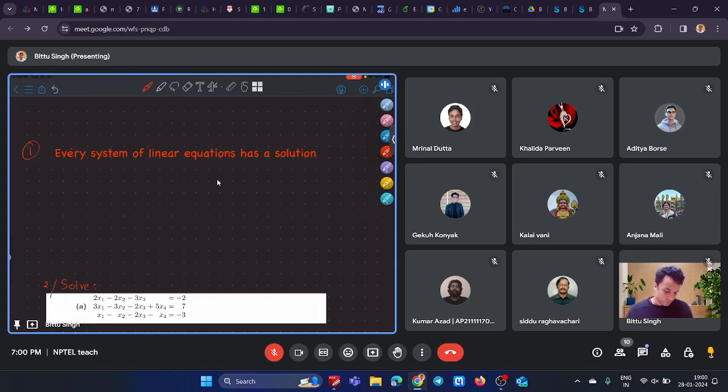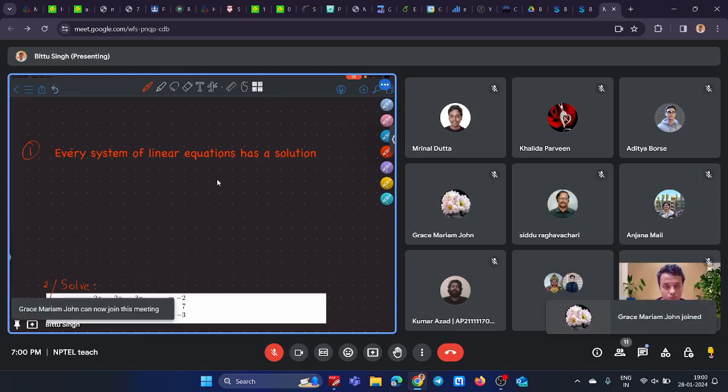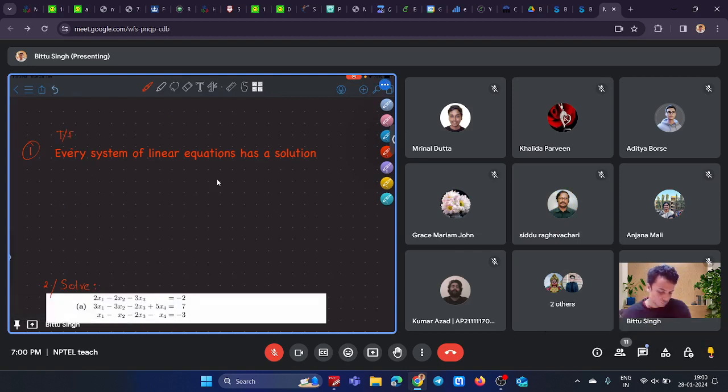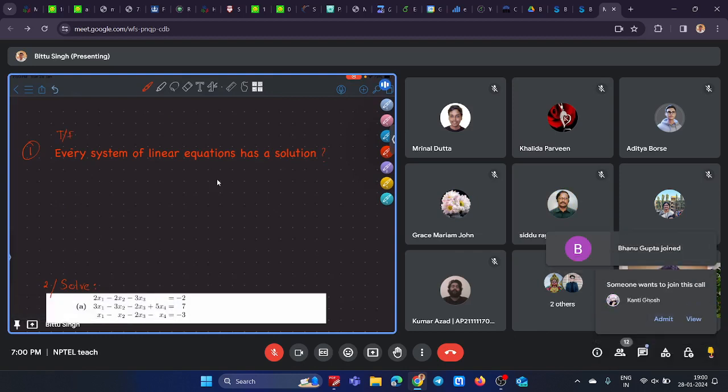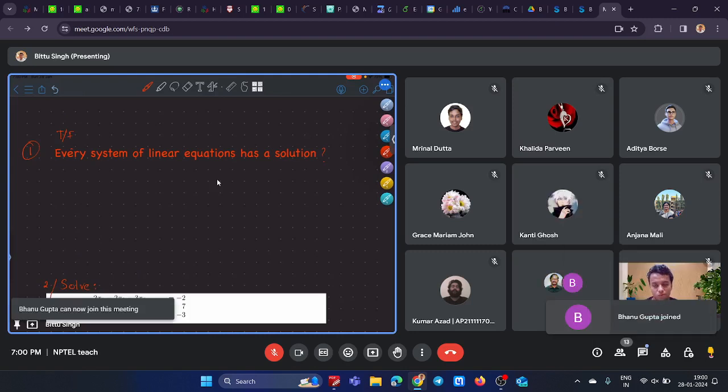The first problem says every system of linear equations has a solution. Is it true or false? What will be the answer? Let us take an example.